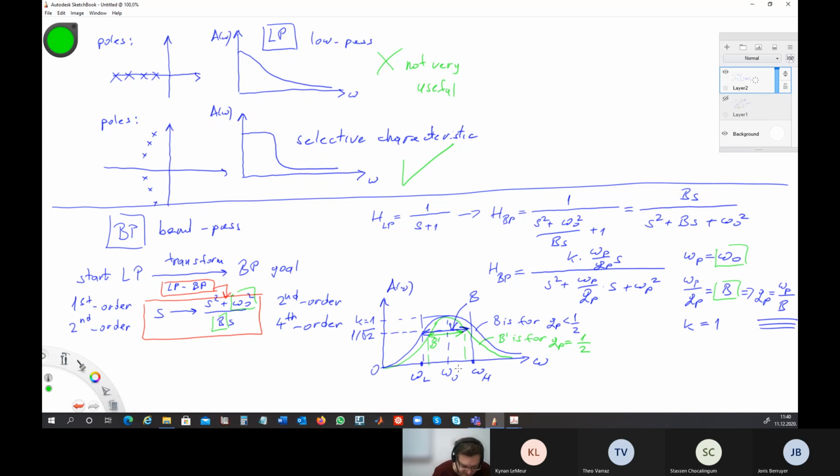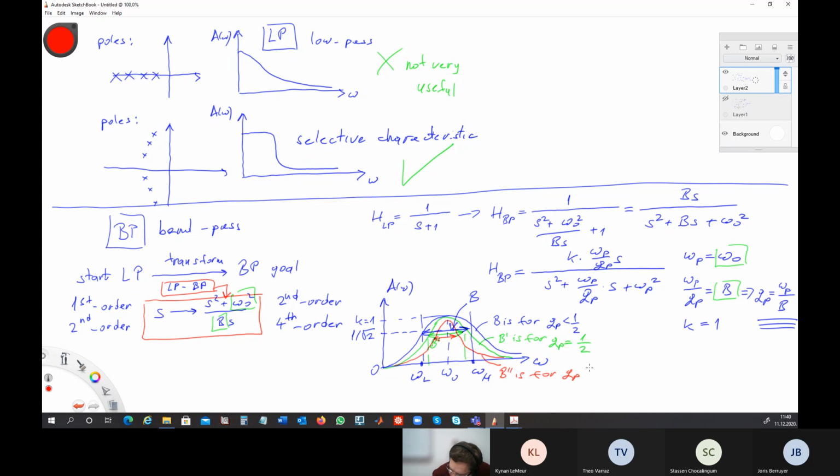And now, what is the next problem? I will plot it red. How can we obtain a very narrow characteristic, which is even more narrow than the green one, the red one? So this red one must have a narrower B, which is for QP. One moment.